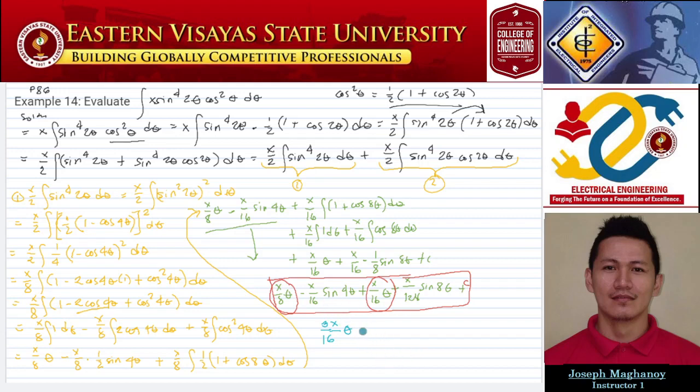Then minus x over 16 sine 4 theta, and the remaining plus x over 128 sine 8 theta. So this is for your first term.